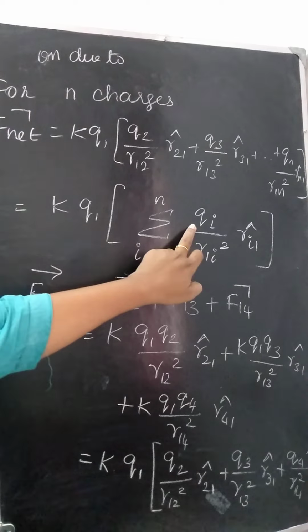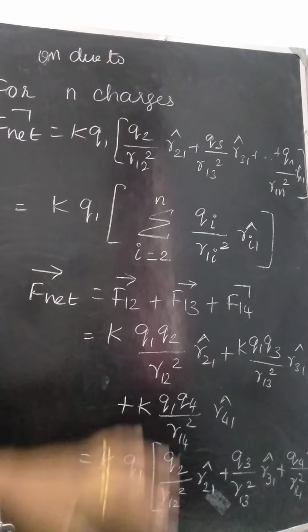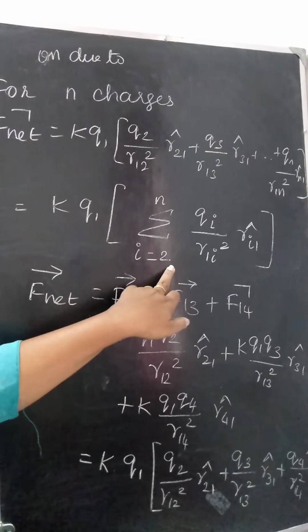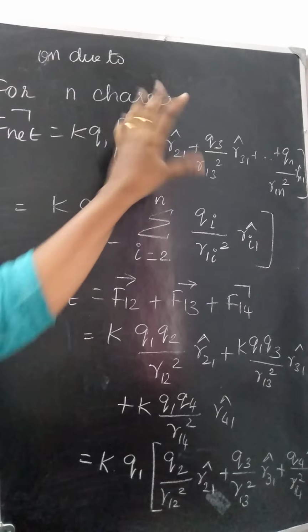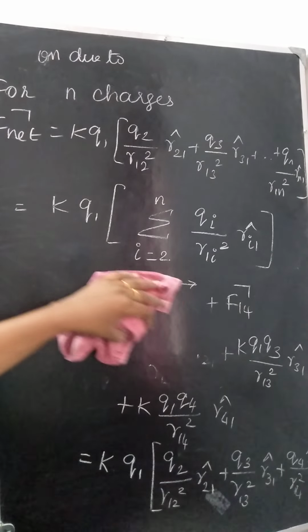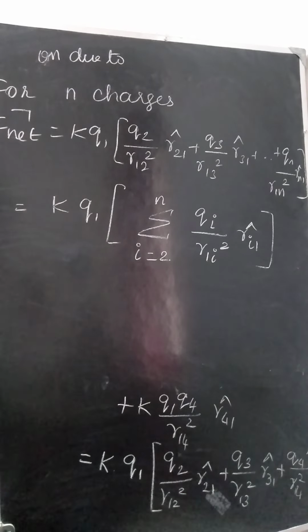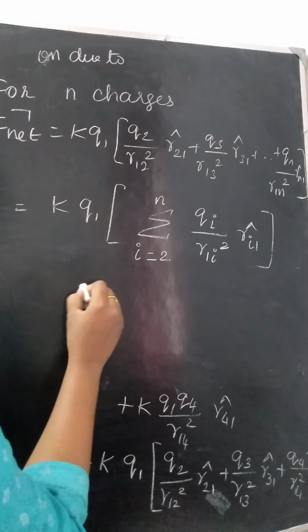Substitute I equivalent to 2. What is the value we will get? I is an integer which varies from 2 to n. I am taking the summation, right? Any value if you want to give in terms of summation, we use the summation, remember the 11th standard summation part? Vector summation. Listen now, how to rewrite?